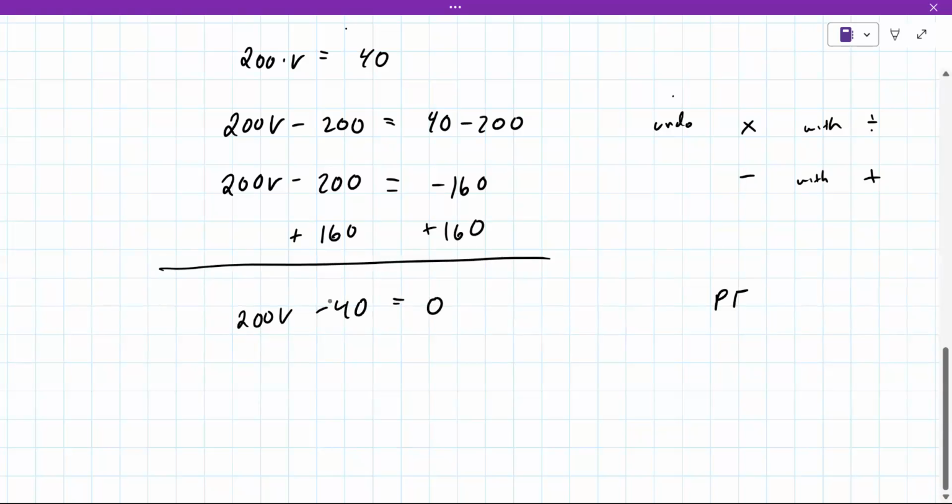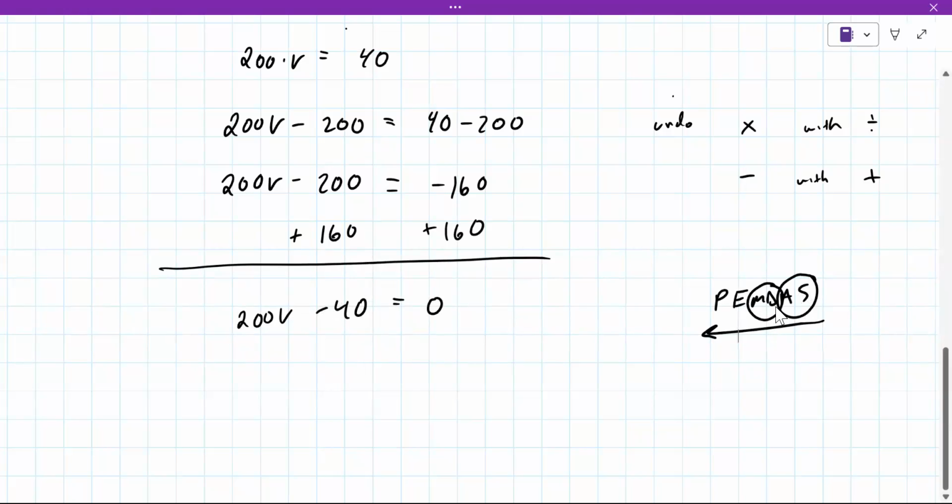It's order of operations when you're going back the other direction. You undo addition and subtraction before multiplication and division. So which should we undo first? Subtract by 40 or divide by 200? Should we undo the subtraction by 40 by adding 40, or can we divide by 200?